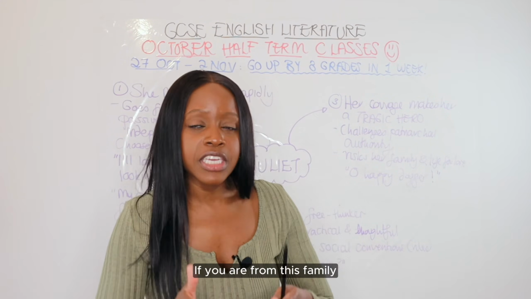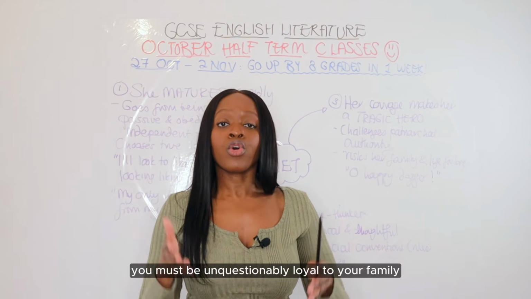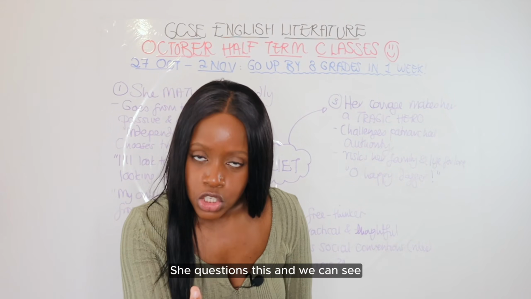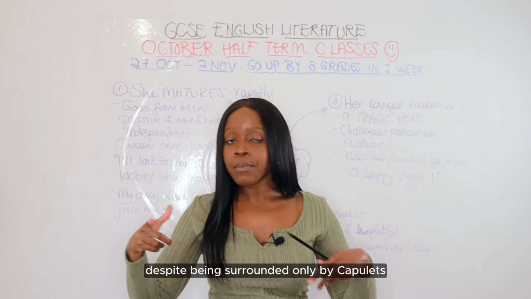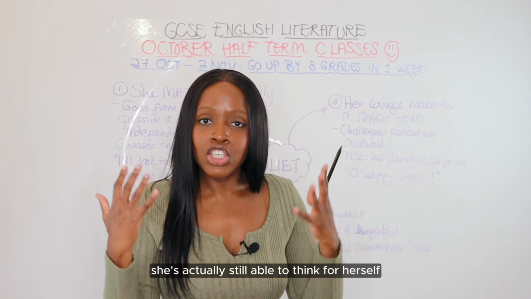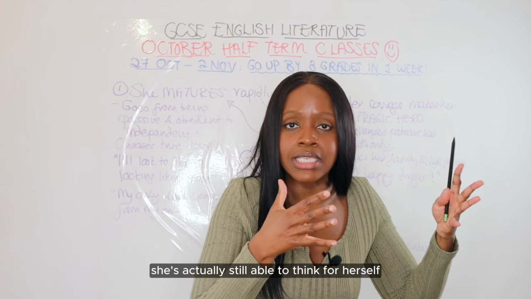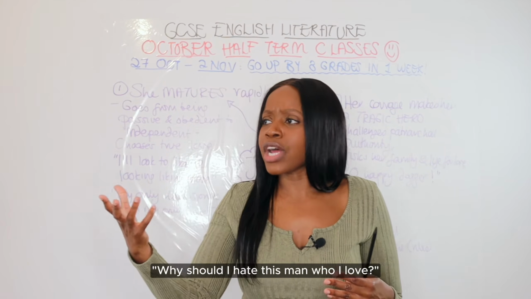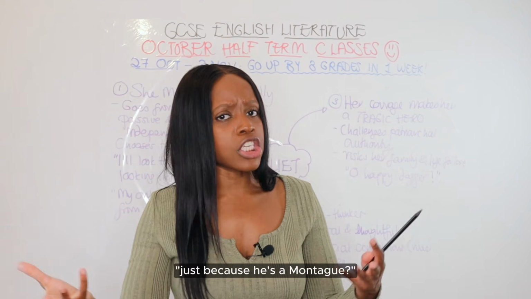If you are from this family, you must be unquestioningly loyal to your family. She questions this, and we can see despite being surrounded only by Capulets, she's actually still able to think for herself and to question, why should I hate this man who I love just because he's a Montague?